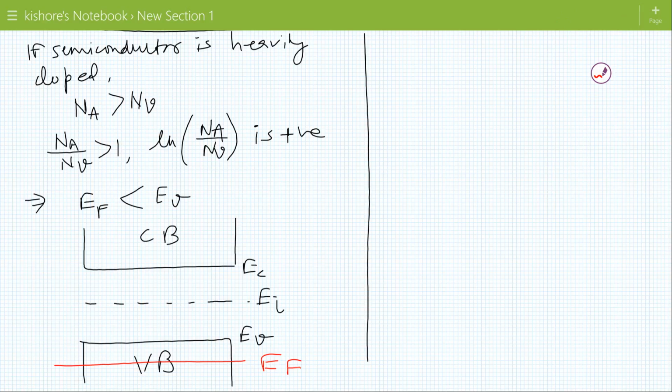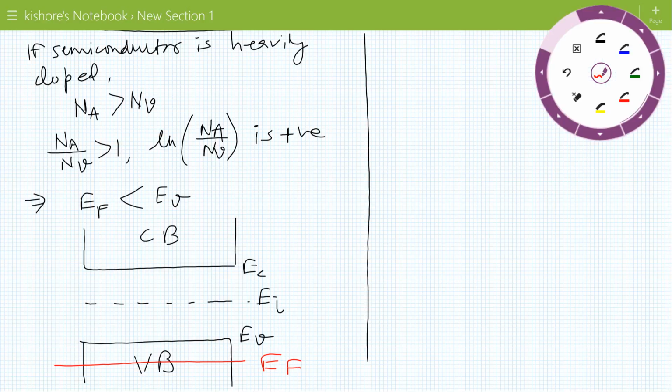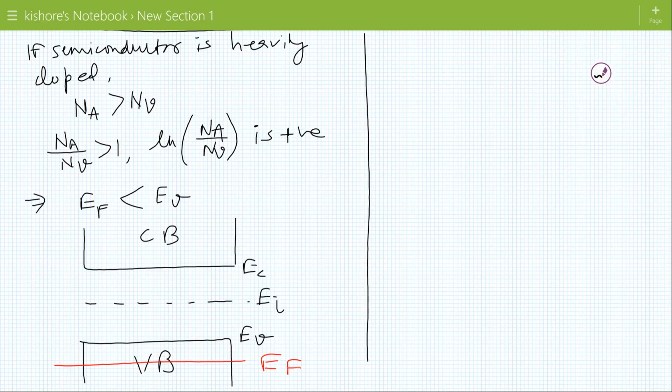Now let us see the electrostatic potential of an n-type semiconductor.